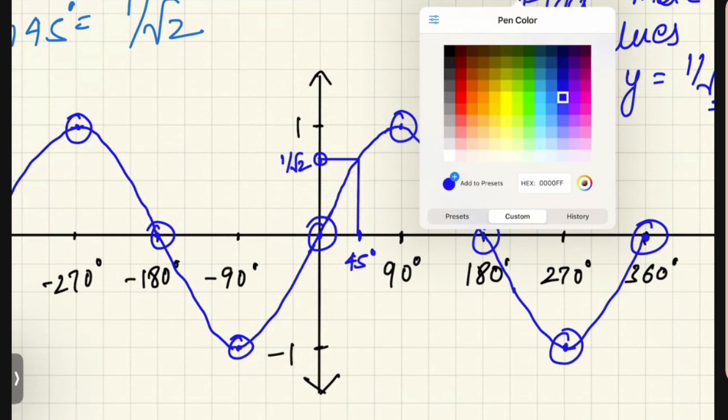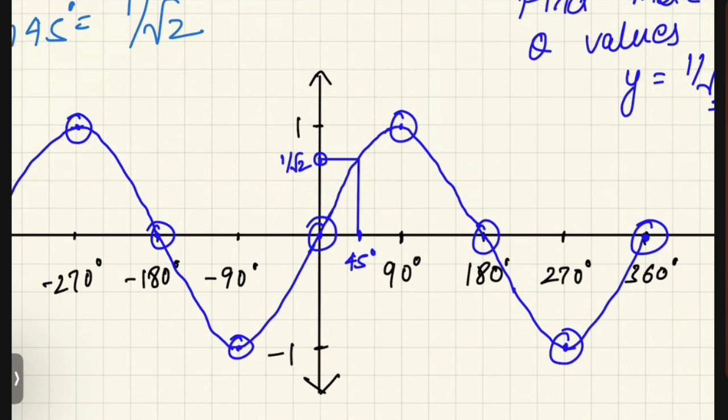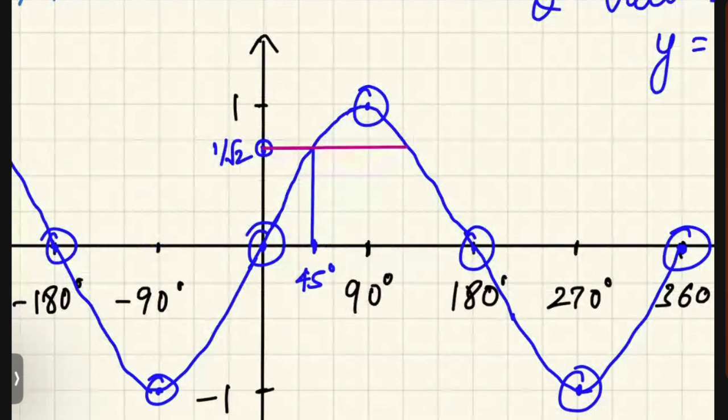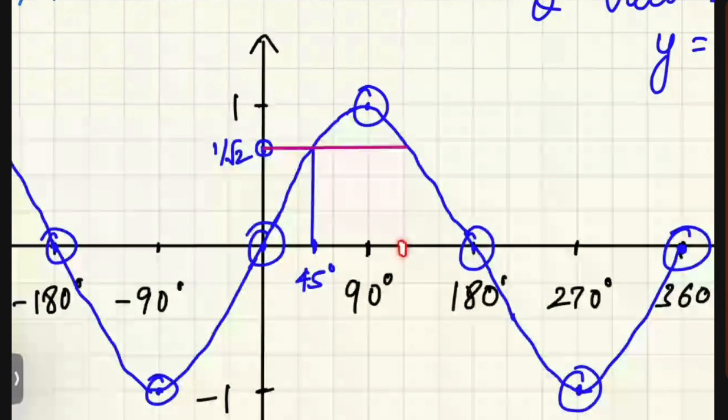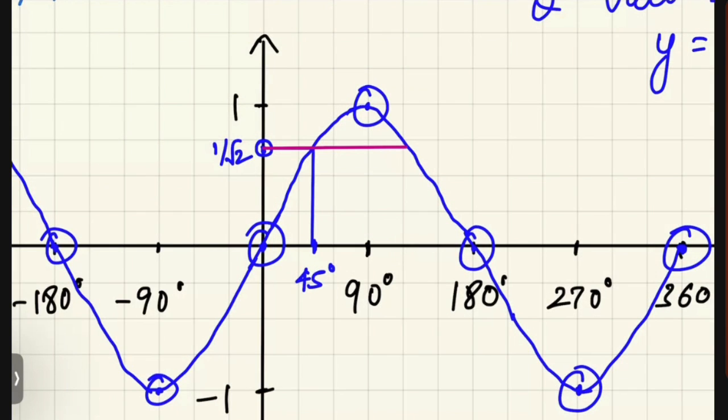Let's change the color a bit so that we can see. Now we know this is 1 by root 2, so the perpendicular will start from here. First I'm going to go towards the right. It meets the curve over here. You can already guess the value. Don't try to bring it here, because nothing is accurate, so show some deviation.